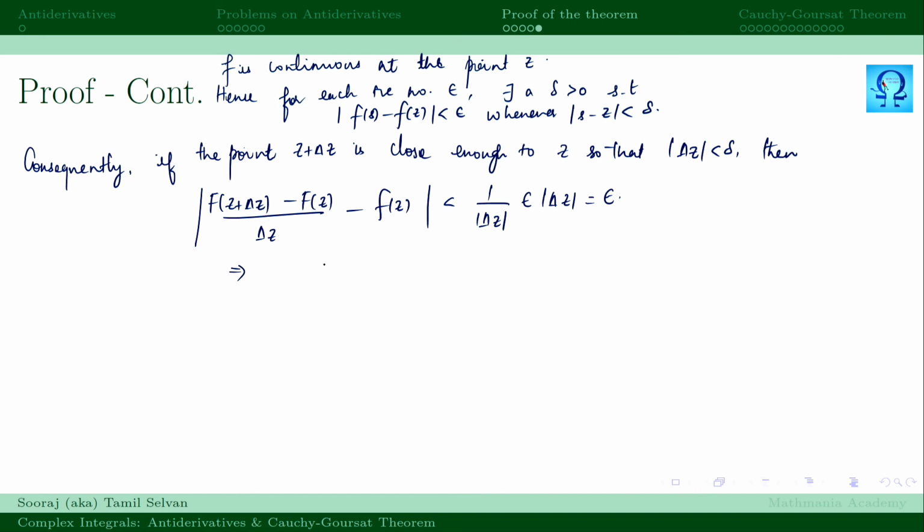So this implies the limit as delta z approaches 0 of big F of z plus delta z minus big F of z upon delta z, which happens to be small f of z, or we can say big F prime of z is small f of z. And with which we have come to the end of this theorem, and with this we shall conclude this lecture as well.